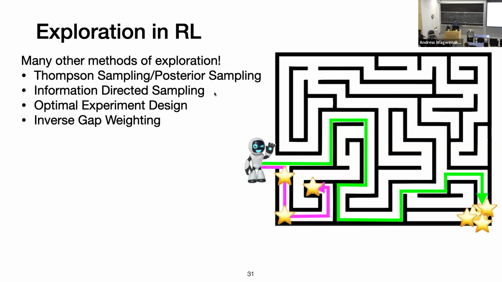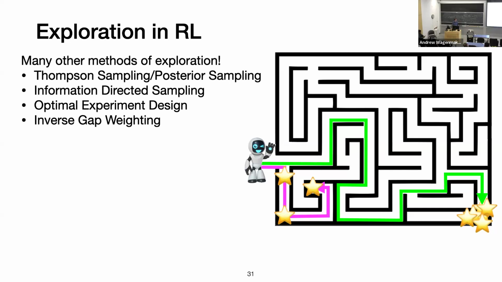So Thompson sampling, posterior sampling, that's one way. Another method, information directed sampling, was inspired at some point by posterior sampling. It goes after some measure of the information gain, and there are different ways to quantify this. Optimal experiment design goes back to classical statistics, and it's a question of how you choose your measurements.